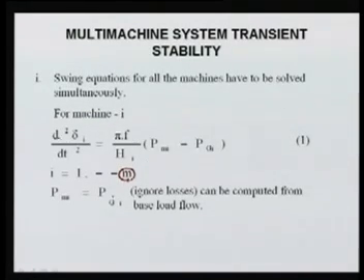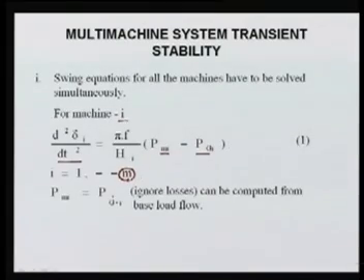Here, the double differentiation of delta with respect to time will be equal to pi f divided by Hi, where Hi is the inertia constant of the ith machine, multiplied by the difference of the mechanical power input to the ith machine minus the electrical power output of that machine. So this is the general swing equation for any ith machine.